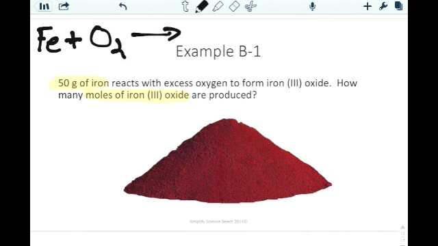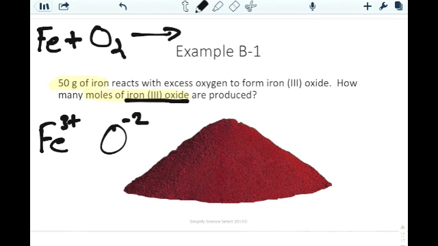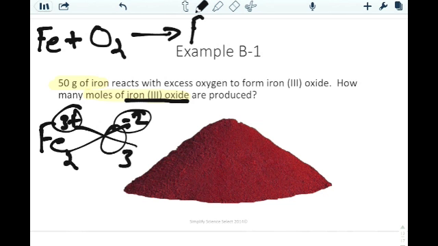And it forms iron 3 oxide. So iron, which has a +3 oxidation number, and oxygen, which is -2. So we go ahead and crisscross this. I'm crisscrossing because this is an ionic compound, and we get Fe2O3. So there's my chemical equation.